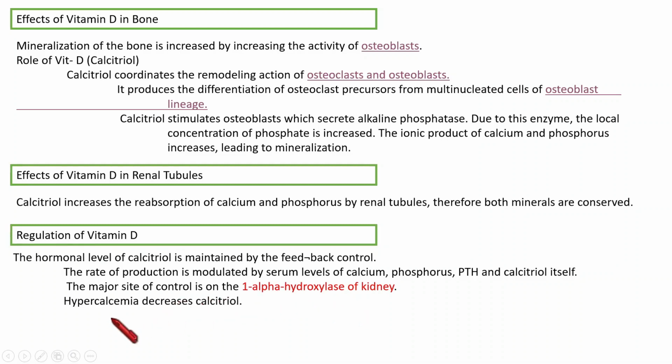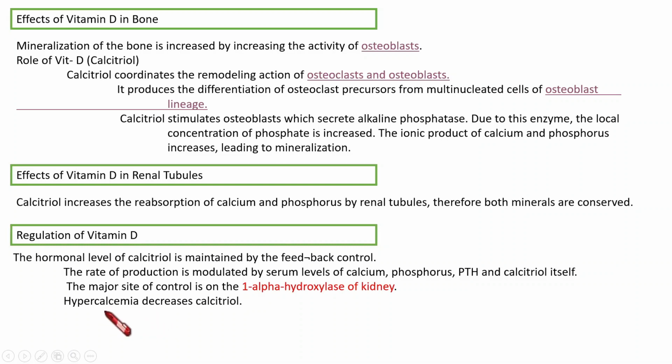Take the case of two conditions, hypercalcemia and hypocalcemia. Hypercalcemia means high level of calcium, and as there is enough calcium in the blood, there is no requirement to reabsorb it. We have learned that in the intestine, this vitamin D helps the reabsorption of calcium.